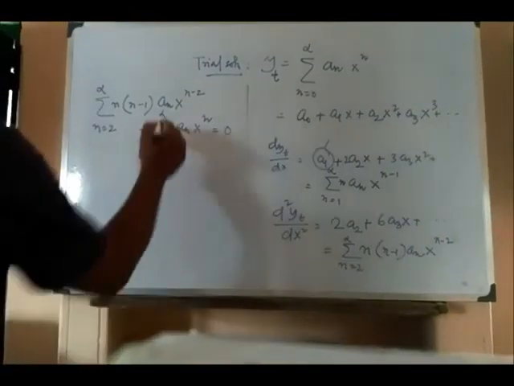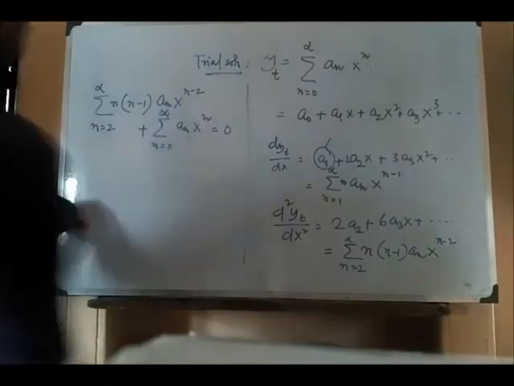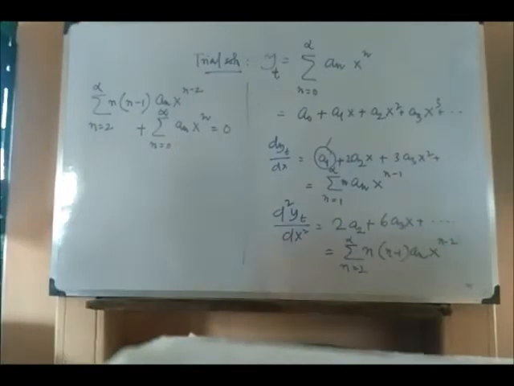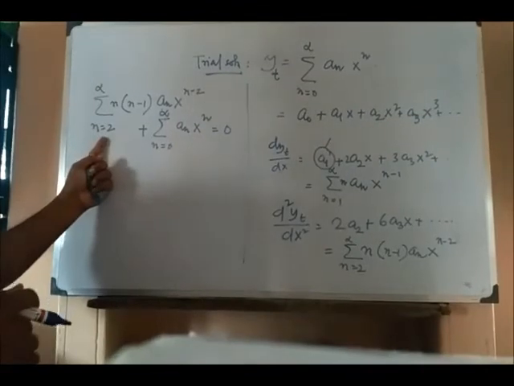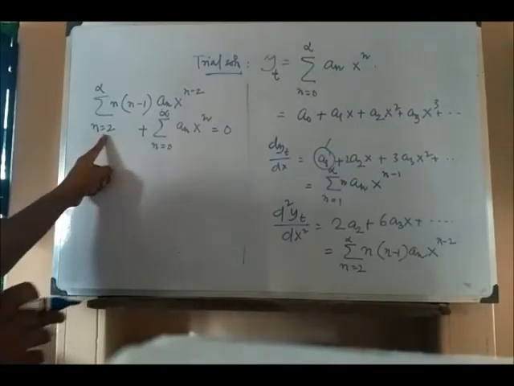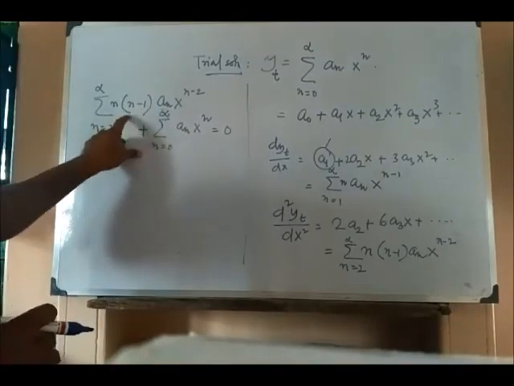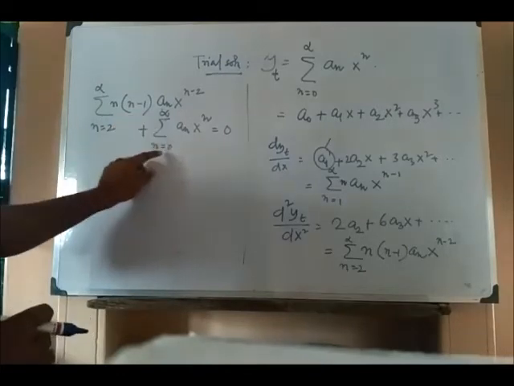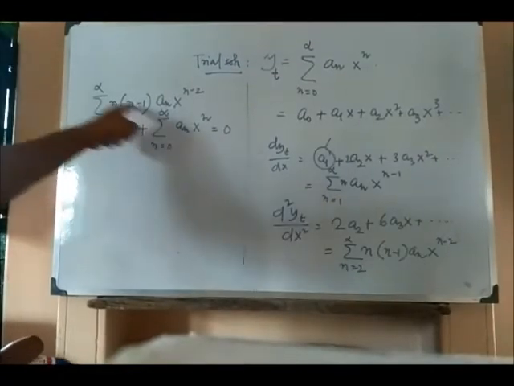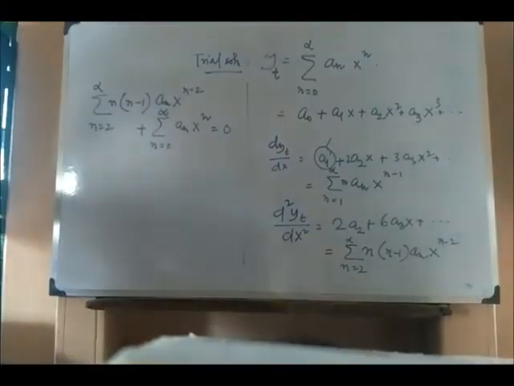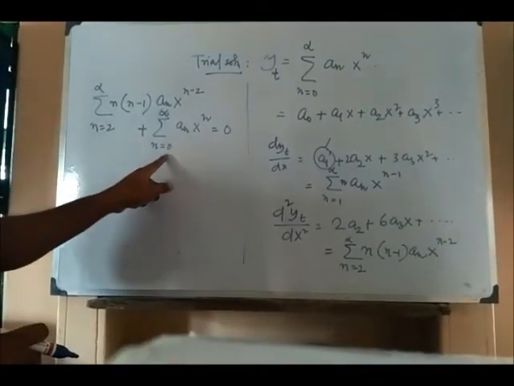Now, so this is just infinite. Okay, now we will have a problem. What is the problem? In the left hand side, you can see here the coefficient of term a2 exists, but here we are starting with the coefficient of a0. So this series starts with the coefficient of a2 and this series starts with the coefficient of a0.